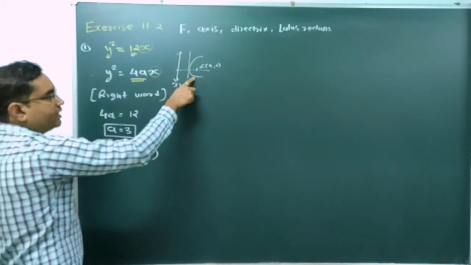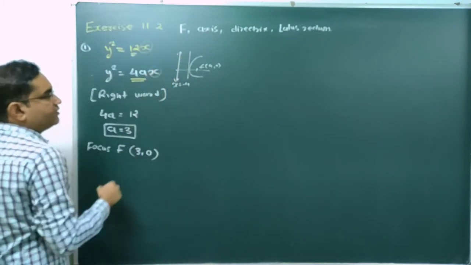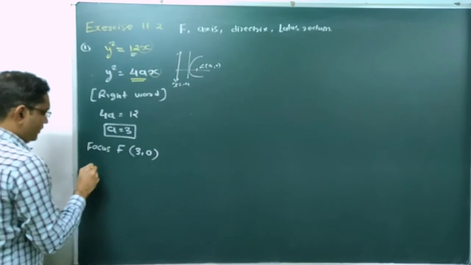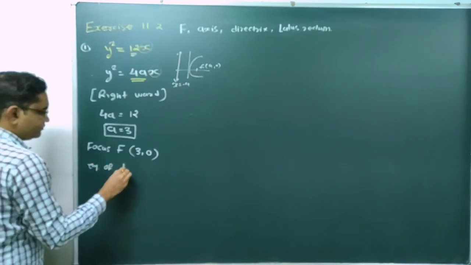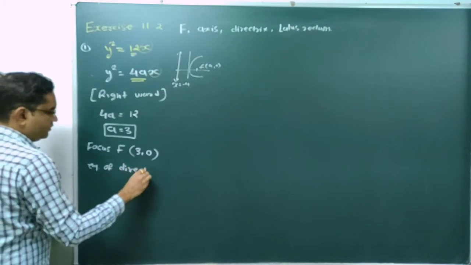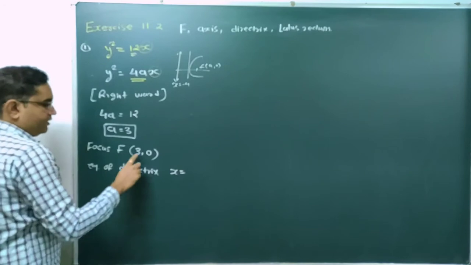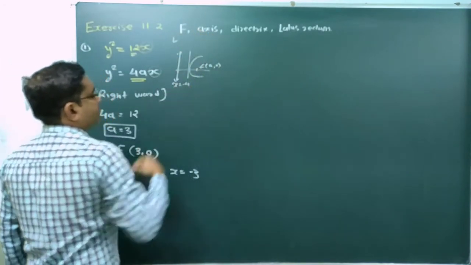Done. For this rightward parabola, our directrix will be on the left side of the y-axis. So equation of directrix is x equal to minus a, that is x equal to minus 3. Now axis.